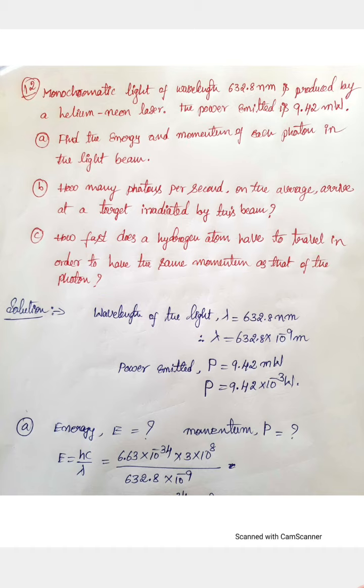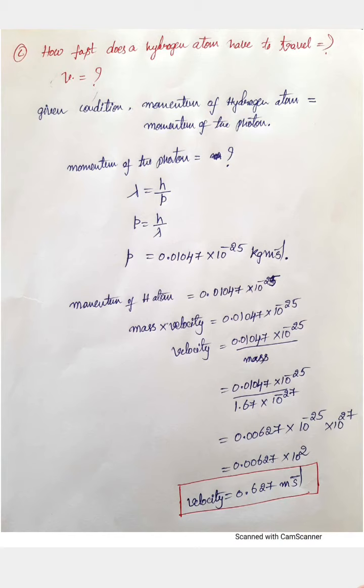That is, momentum of the photon must be equal to momentum of the hydrogen atom. In order to acquire this condition, what do we have to calculate? We have to calculate the speed, or else velocity, of the hydrogen atom.